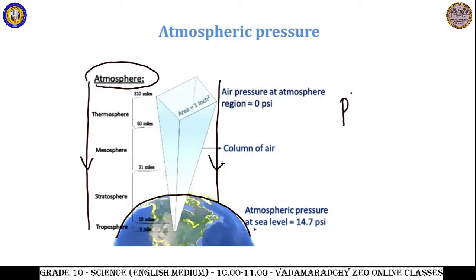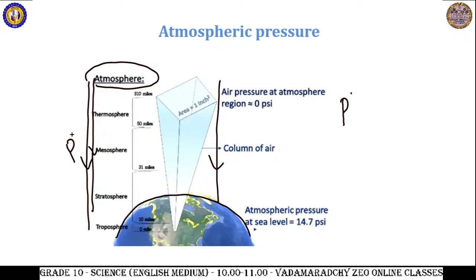This is known as atmospheric pressure, similar to the pressure produced by the liquid due to its weight. Pressure will be exerted at any point of the atmosphere, due to the weight of the air column.